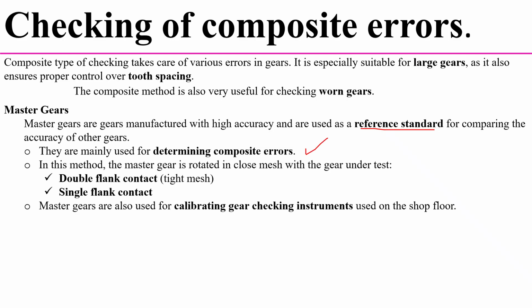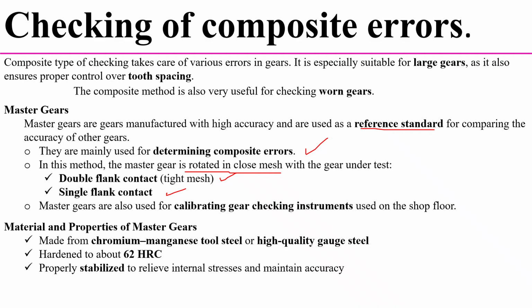In the composite error method, the master gear is rotated in close mesh with the gear under test. In this regard, there is double flank contact as well as single flank contact. Master gears are also used for calibrating gear checking instruments, especially on the shop floor.